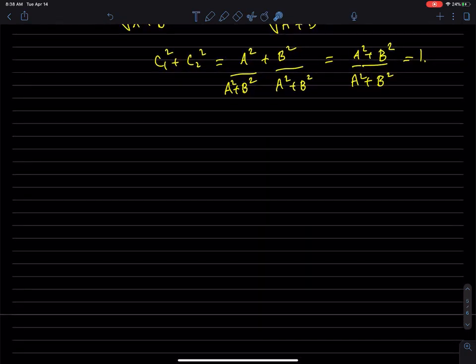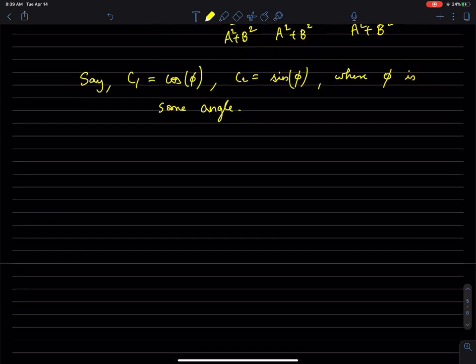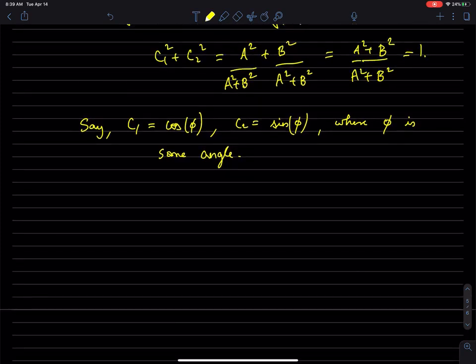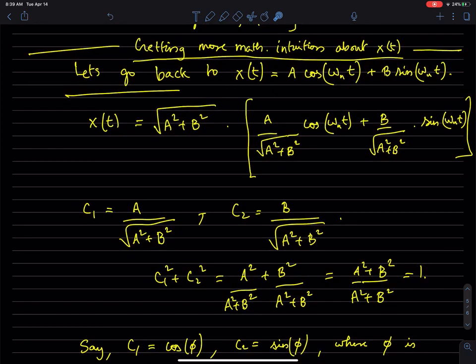We can say C1 equals cosine phi and C2 equals sine phi, where phi is some angle. Then C1 square plus C2 square will satisfy 1.